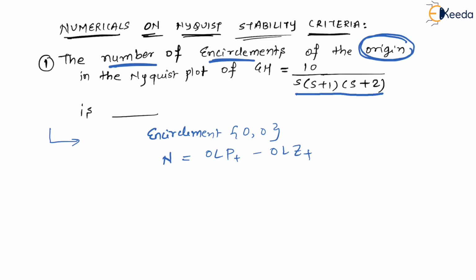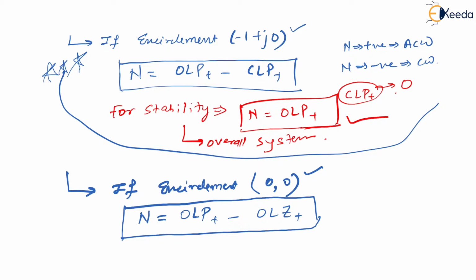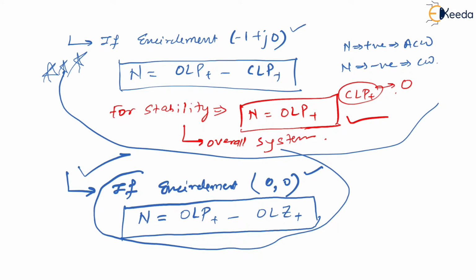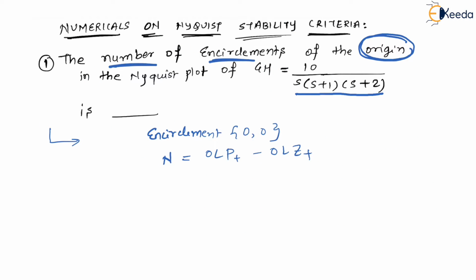If you don't believe me, you can check it out. See here, if encirclements are around 0, 0, then n is equal to open loop pole plus minus open loop z plus, OLP plus minus OLZ plus, right? So the same thing we have.